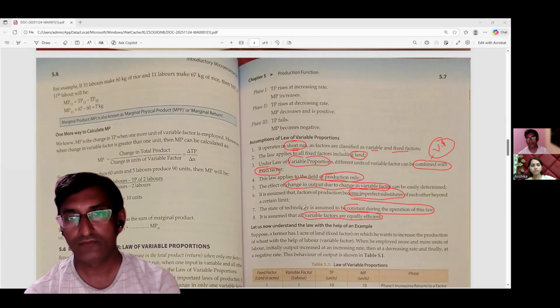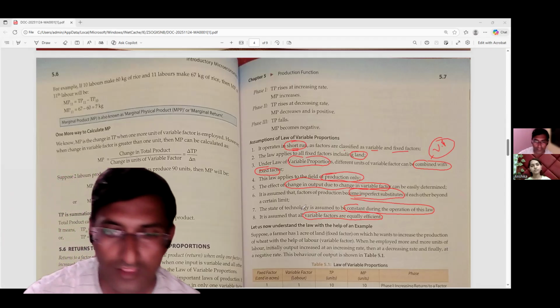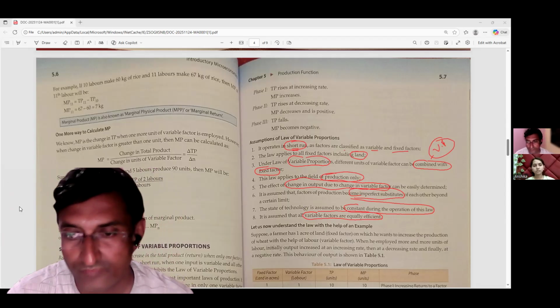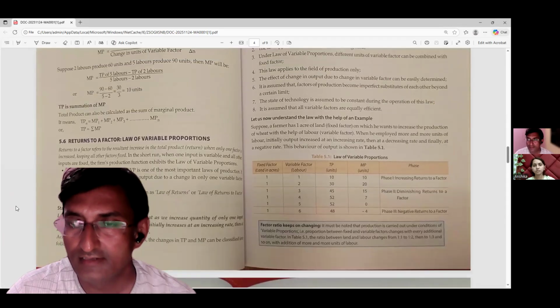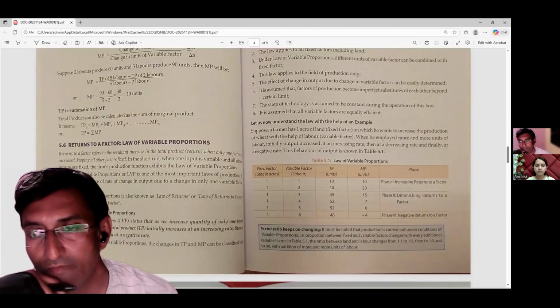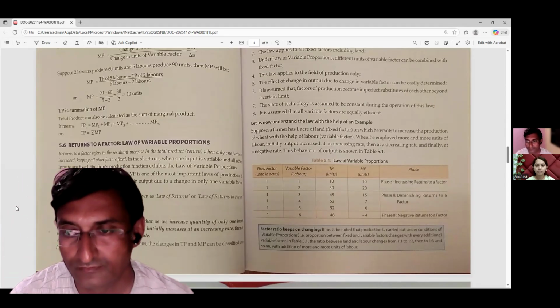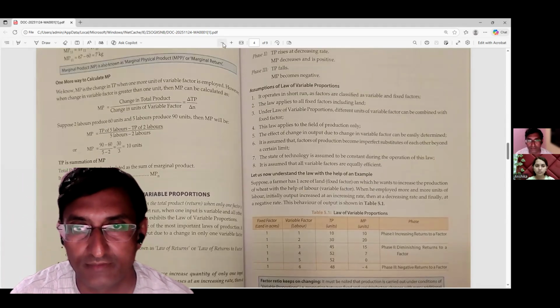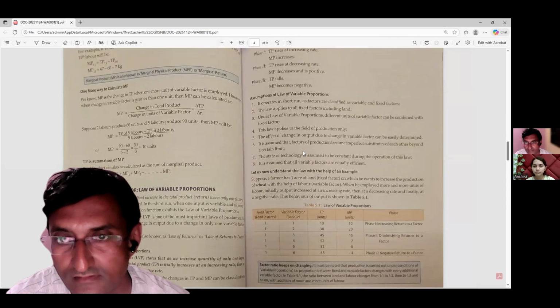All the factors are equally efficient. Now let us understand all these assumptions with the help of an example. I think you had a doubt in the second phase, right? Let's see how.